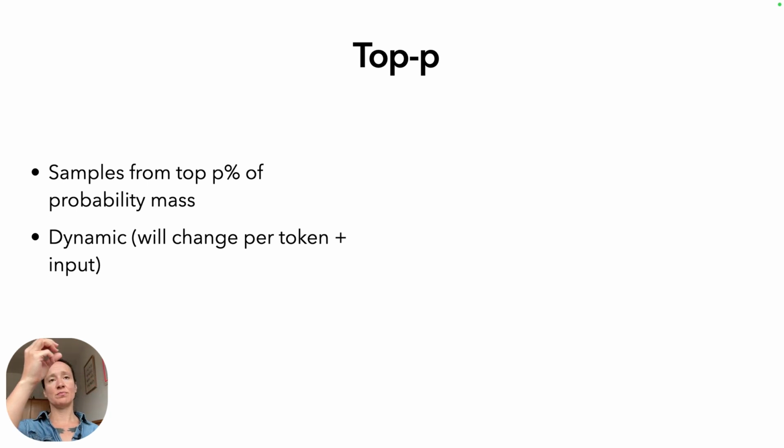As you're predicting along, sometimes the next token is really heavily weighted towards one word or one symbol, and sometimes it's less sure. The logit layer itself is like, it could be any of these 200 things. Playing with top P lets you add a little bit more determinism, but it's not overly restrictive.